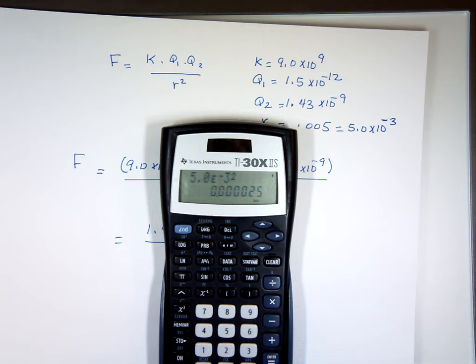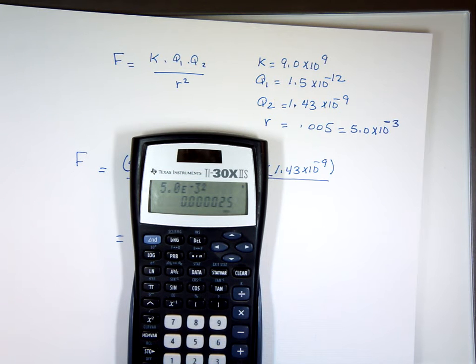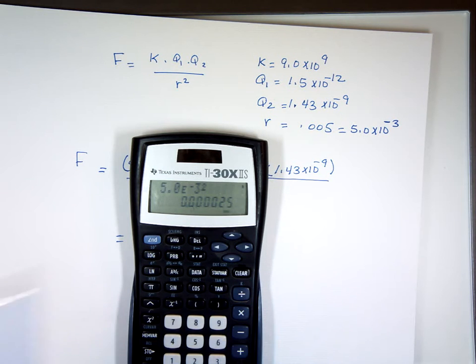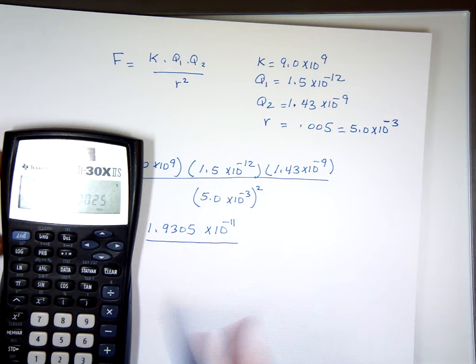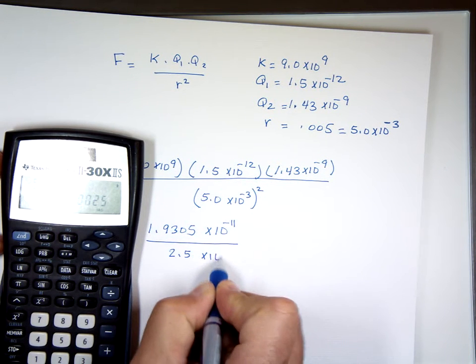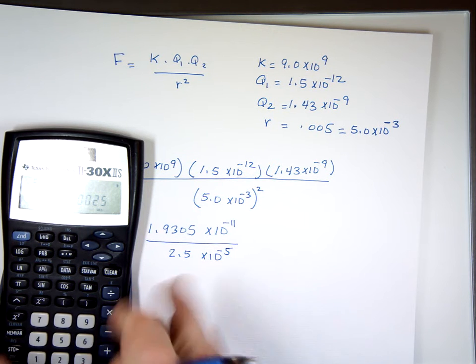So it's giving me a number that's not in scientific notation. To change it to scientific notation, I got to move the decimal point how many places? 1, 2, 3, 4, 5. It has to be between 2 and 5. So it's 2.5 times 10 to the negative 5. And now I just got to divide them.